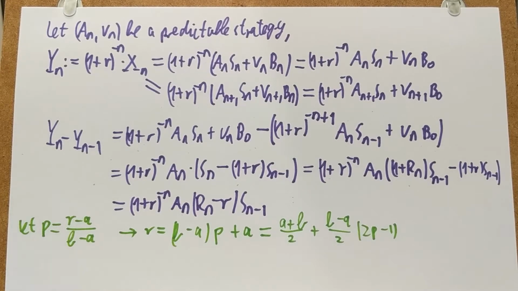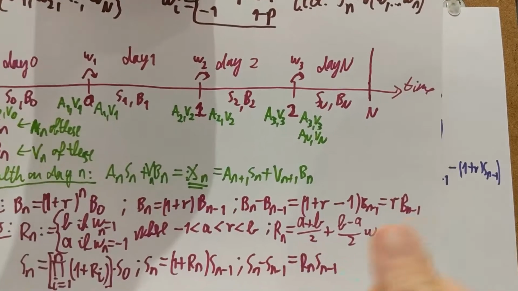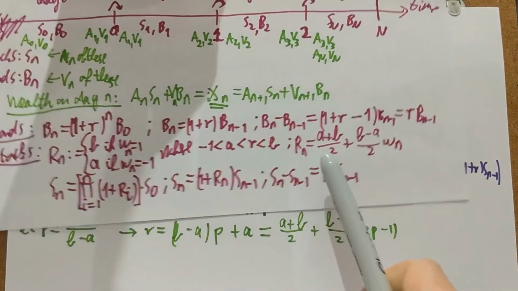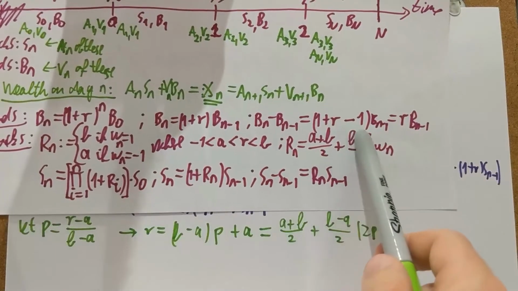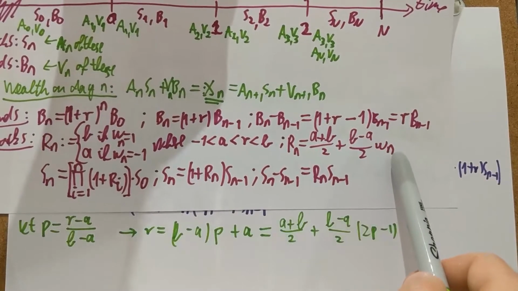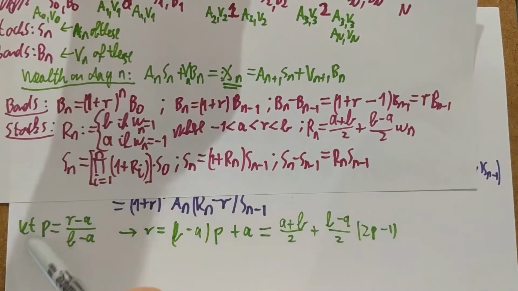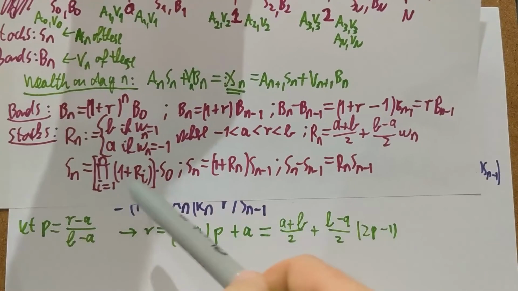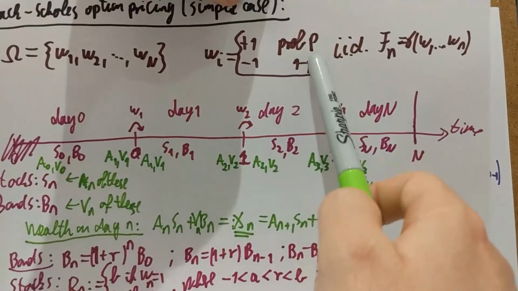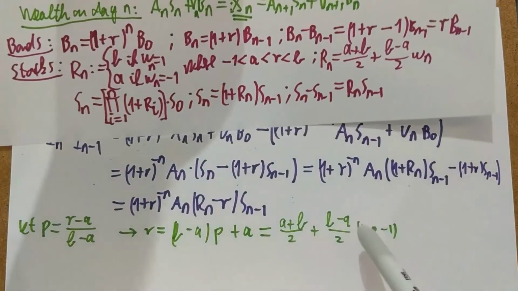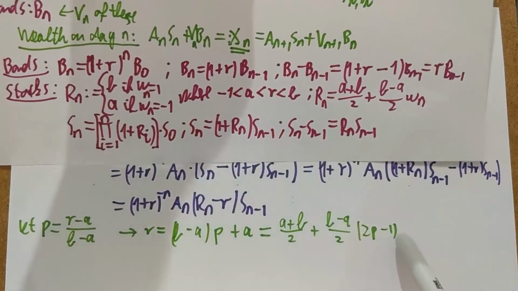And if I now look at this formula from before of the random rate, Rn is a plus b over 2 plus b minus a over 2 times omega n, and the mean of omega n according to that probability, because omega is plus 1 minus 1 with probability p, 1 minus p, is just the mean of omega n.